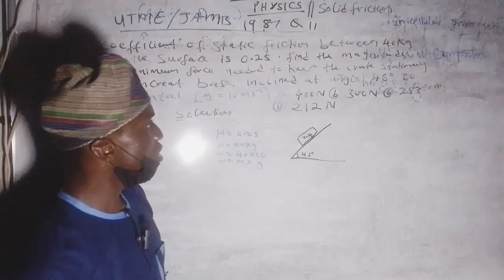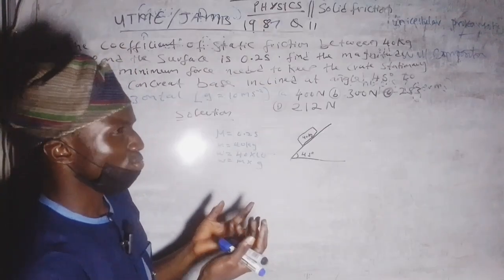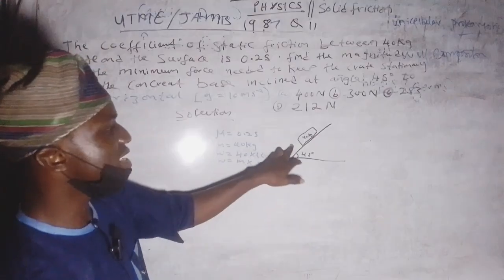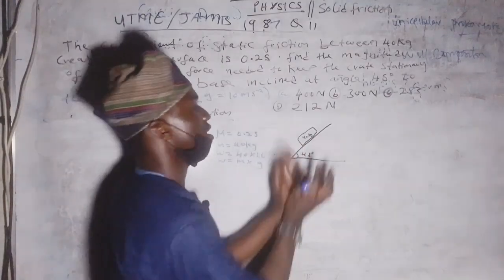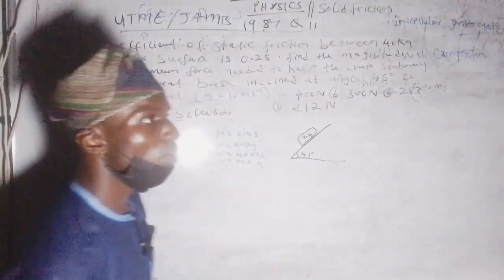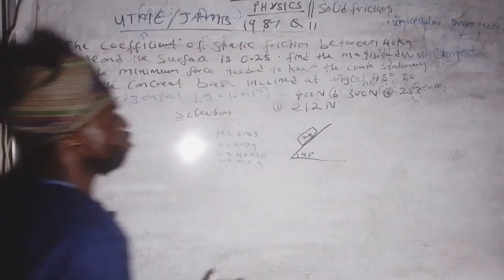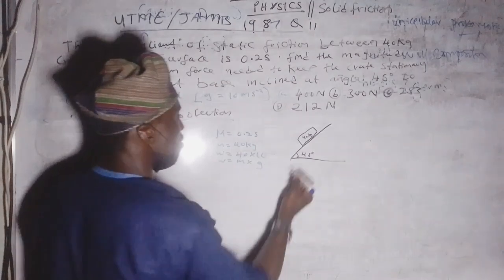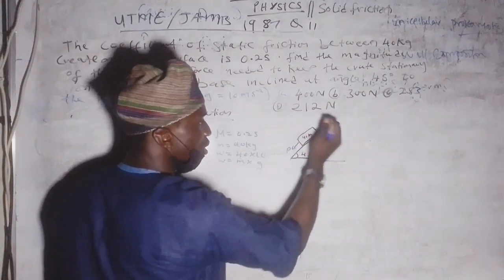So they are looking for a minimum force. What type of force is that? Which force will make something that wants to fall down stay, held by applied force P? What holds this thing not to fall down? That will be friction.